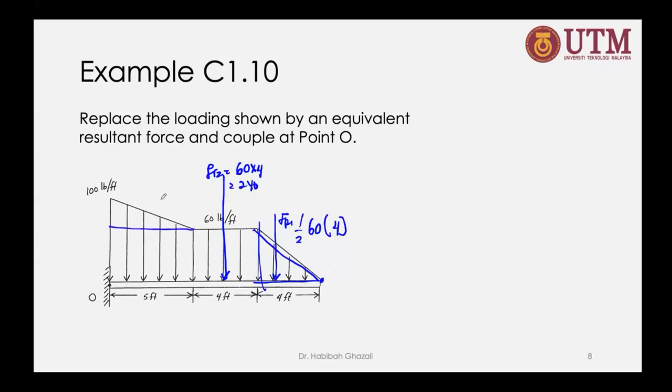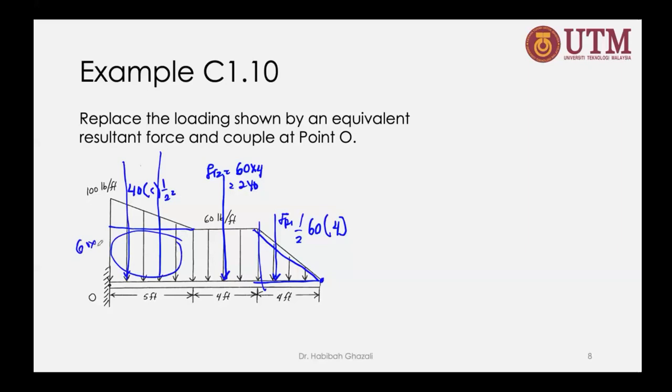And for this one, find this one first, which is 40 times 5 divided by 2. And that's going to be FR3, and it's going to be located at 2/3 of that. And then find this one.